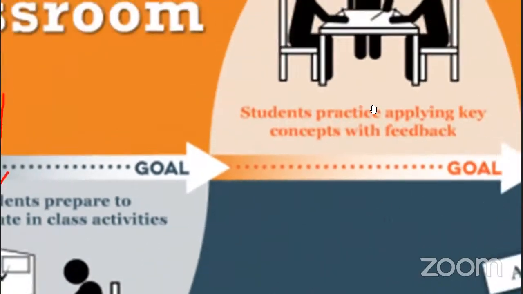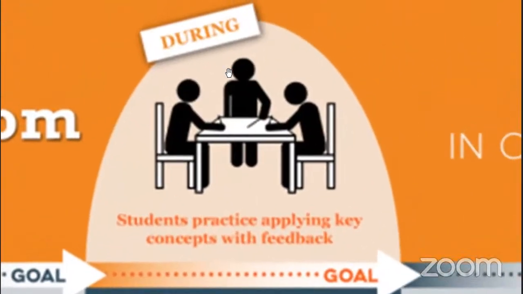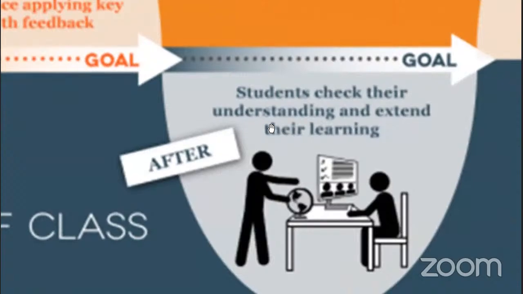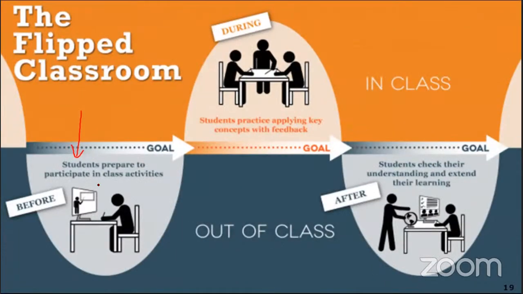After that, the teacher takes an online class or your regular class where students practice applying the key concepts with feedback. You give practice problems and they immediately apply the knowledge they have gained through the recorded materials, and teachers are available for solving their problems as well as giving feedback. And after that, again out of class, students check their understanding and extend their learning by solving some other problems. So this is the flipped classroom technique.